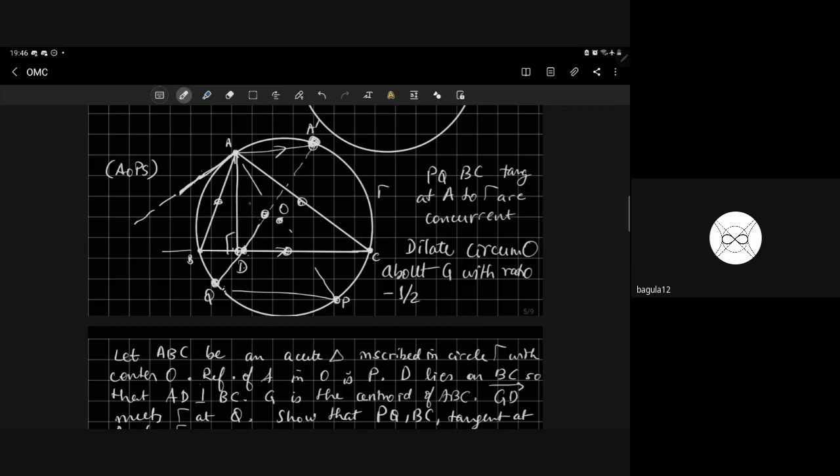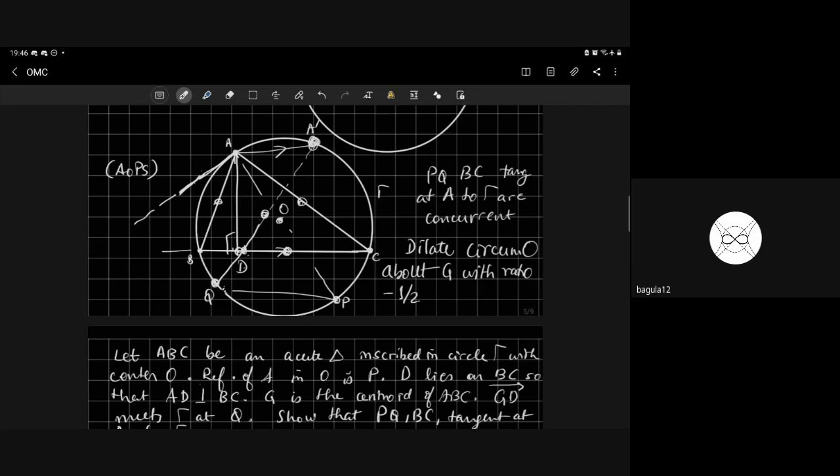I don't know how else to motivate this, but the homotheity thing is a bit motivated because there is a floating centroid. We can think of homotheity.